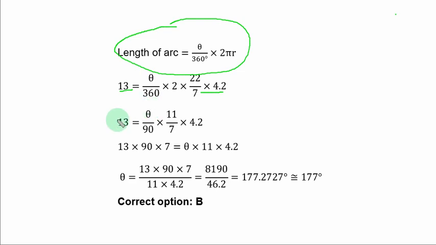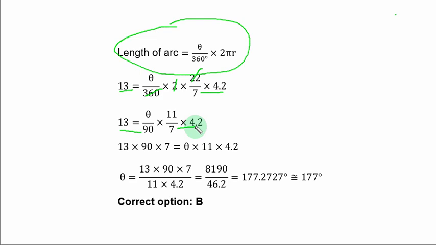If you cancel out, you have 13 equal to theta over 90. First, 2 reduces this to 180, then 2 reduces this to 11, and reduces 180 to 90. So you have theta over 90 equal to 11/7 times 4.2.